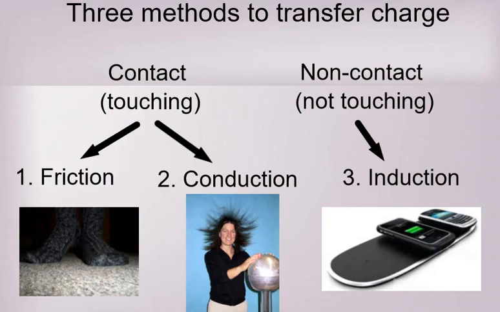The third way to move and manipulate charge is through non-contact. So if two objects are not in contact with one another, you still can get charges to move around. You just wouldn't get charges to move from one object to another. The two ways of contact are known as friction and conduction, and the non-contact way is known as induction.